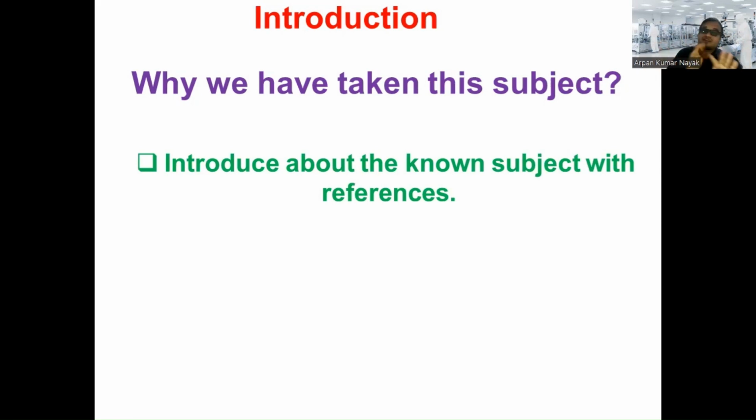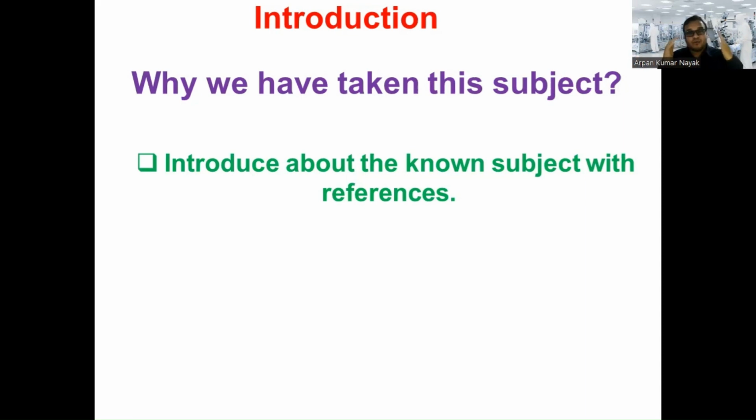As I mentioned, in the abstract no reference is needed, but in the introduction, when we start, we have to put references. So when we want to discuss why this subject is important, we will not write anything hypothetically, but we will put the proper reference.